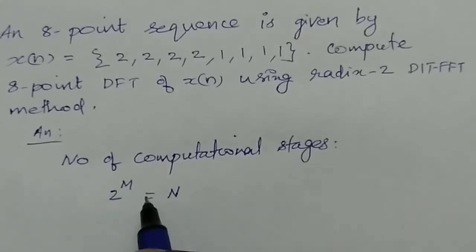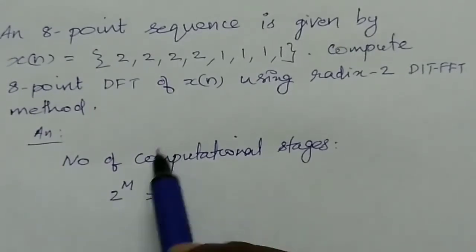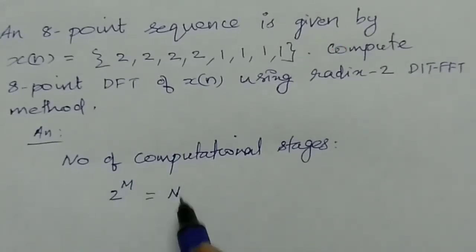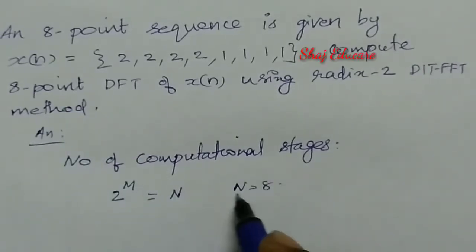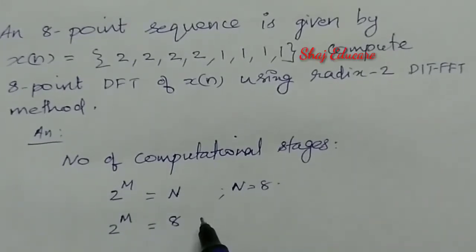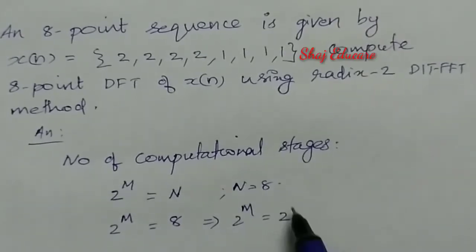We have studied in my previous videos that we have to express the DFT using this equation. As we are dealing with an 8-point DFT, N is equal to 8 here. Now 2 raised to m should be equal to 8. We know that 8 is equal to 2 raised to 3.